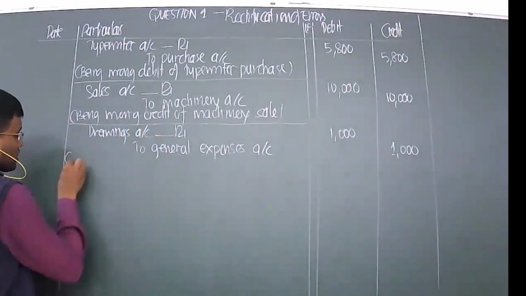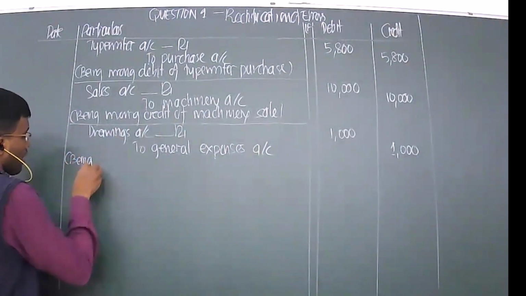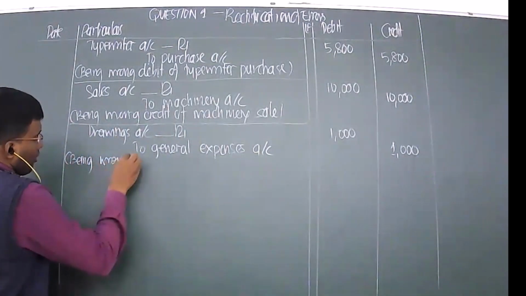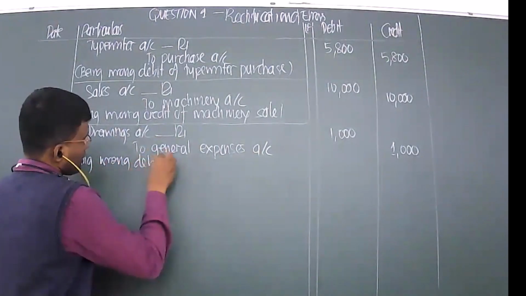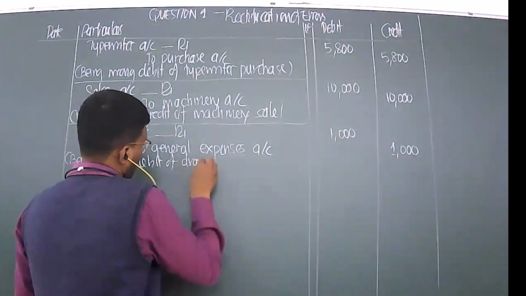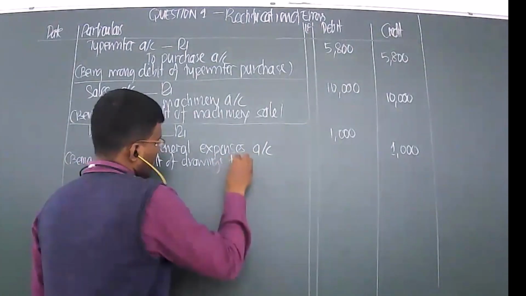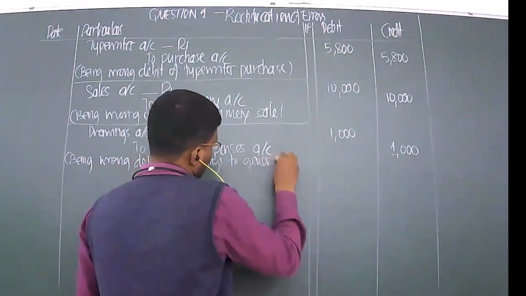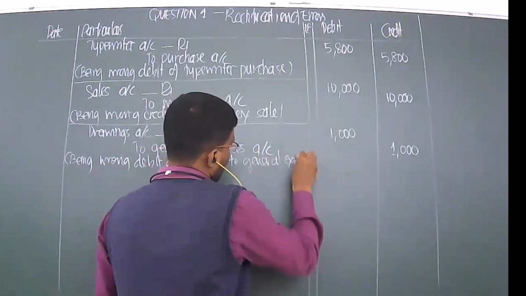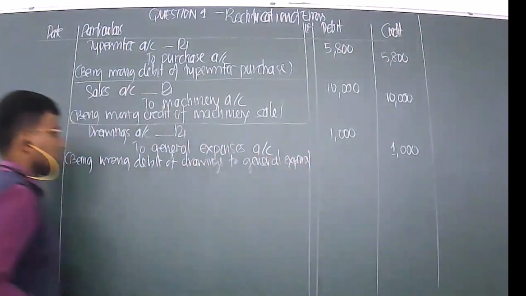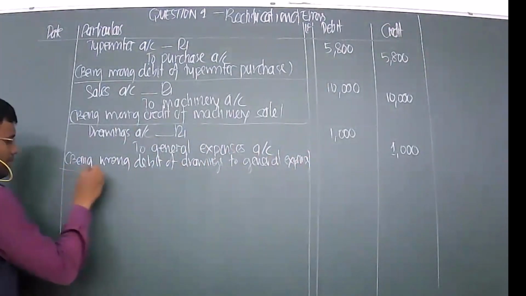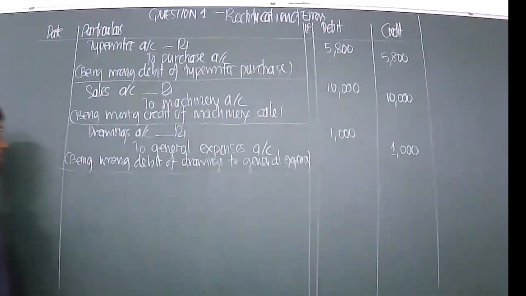So let's write the narration. Being wrong debit of drawings to general expense. So with that, we have completed that also.